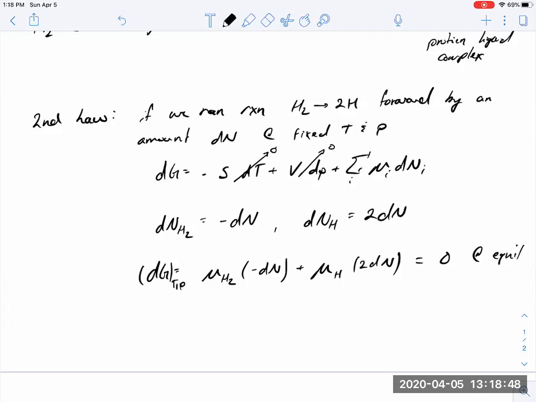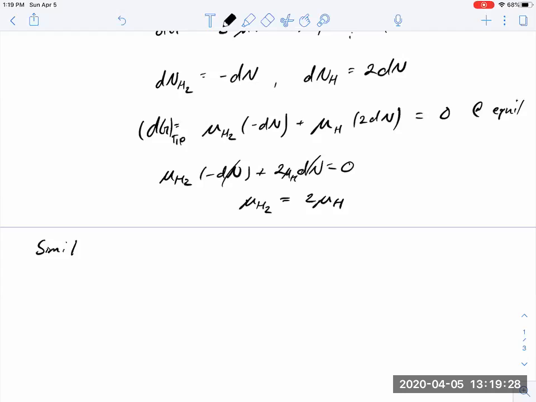And so at equilibrium, we find a relationship between the chemical potentials of H2 and H atom, namely those have to sum to 0 so that the dNs cancel. I'm left with the chemical potential of H2 has to be equal to twice the chemical potential of H. Again, that 2 reflects the stoichiometry of this particular reaction.